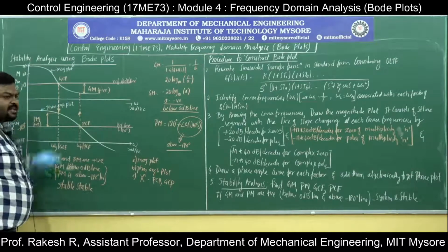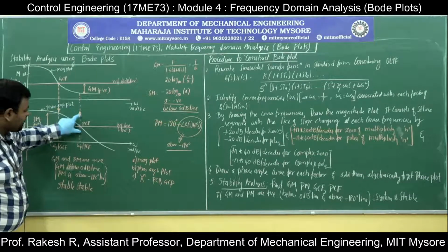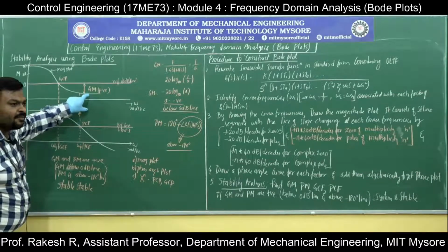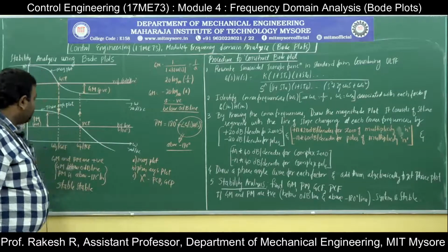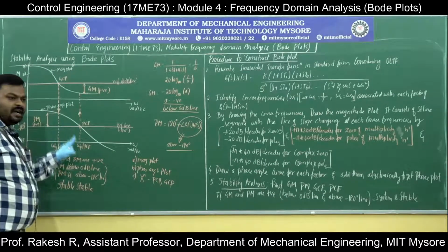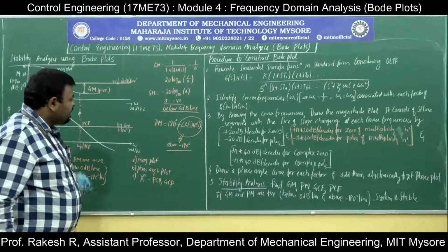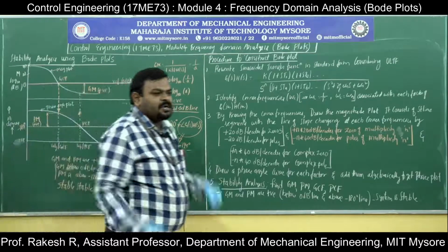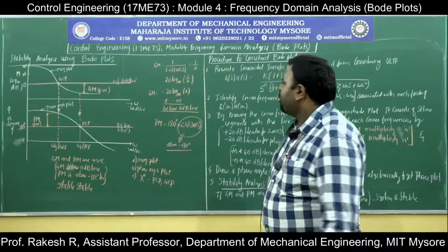By projecting the gain crossover point to the phase angle plot, you get the phase margin. By projecting the phase crossover point to the magnitude plot, you get the gain margin. After that, find omega g and omega p, the gain crossover frequency and phase crossover frequency, and comment on stability. This is how we analyze stability using a Bode plot.